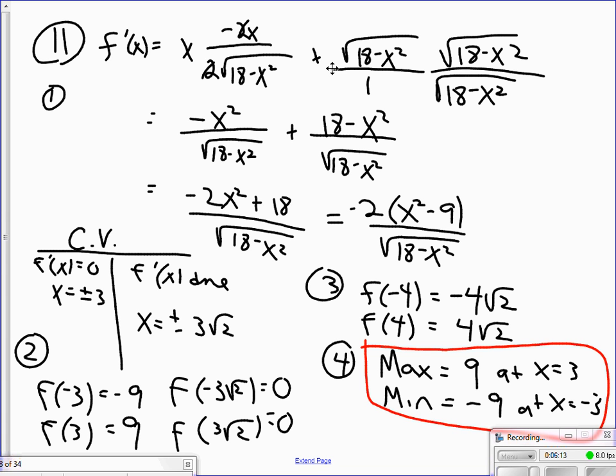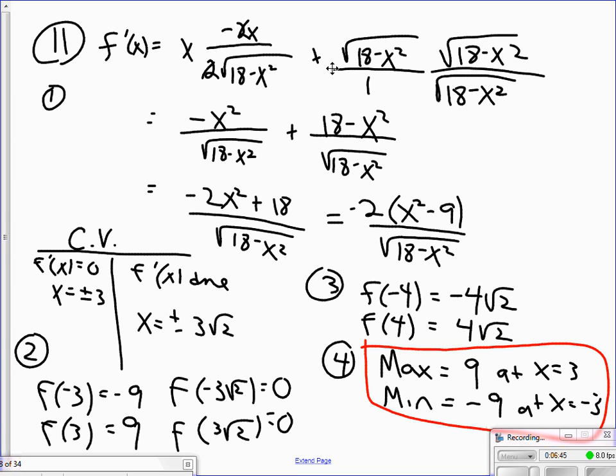Then you still have to find the y coordinates at the endpoints, so you plug negative 4 and positive 4 into the original. When you compare all the y coordinates at the critical values and at the endpoints, the greatest is 9. So that's your absolute max, which occurred at x equals 3. The minimum of all these values is negative 9, which occurred at negative 3.